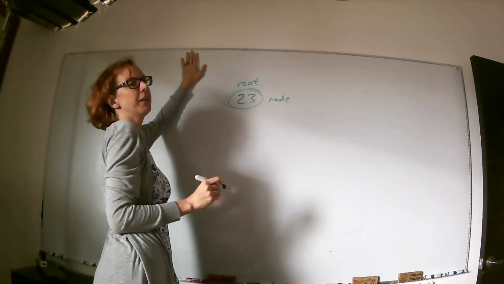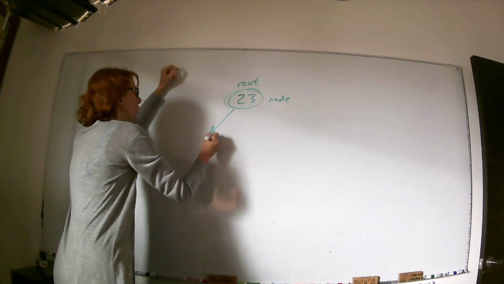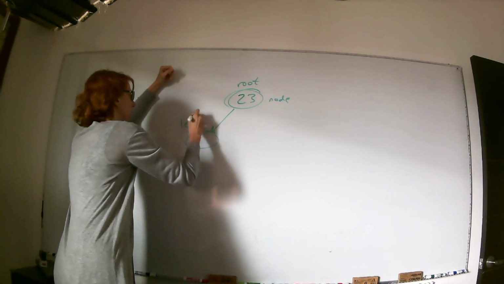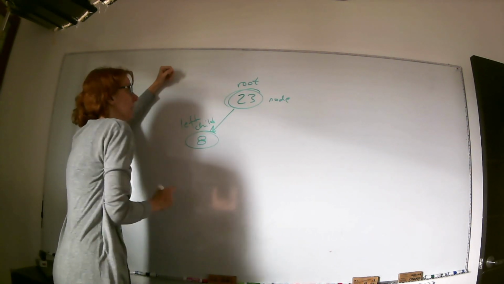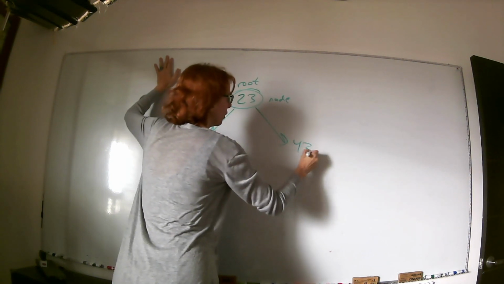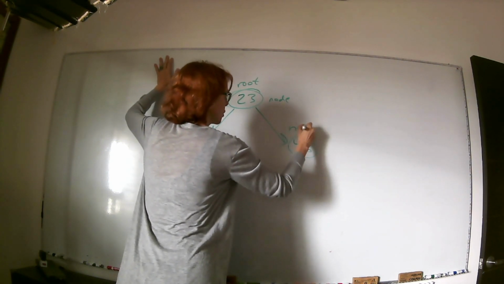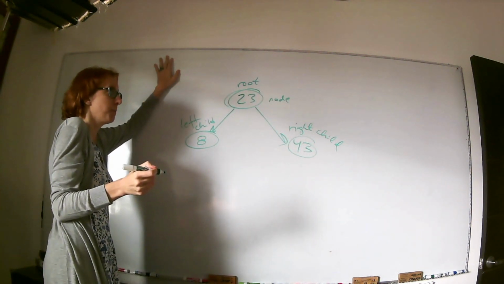If I add something smaller than the root to the tree, it's going to go as a left child of the root. If I add something larger than the root, it's going to go as a right child of the root.